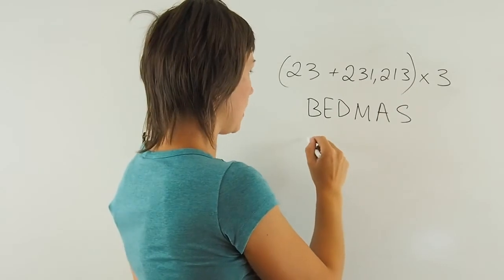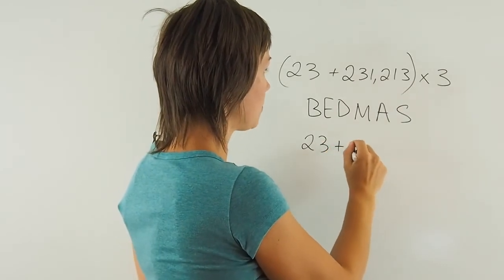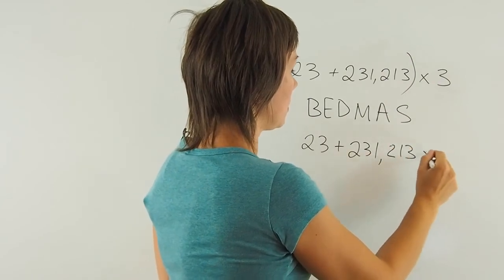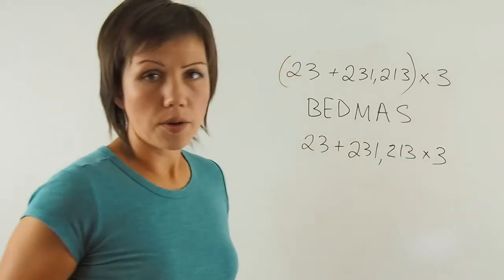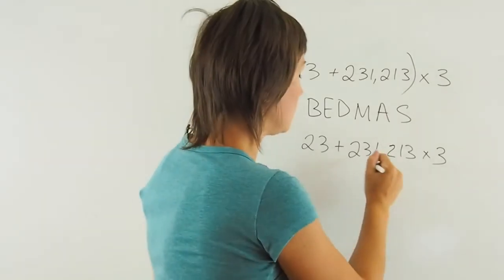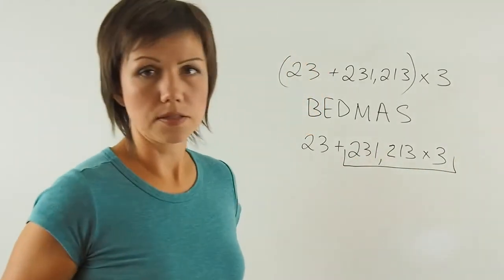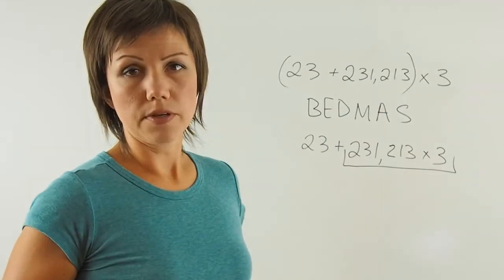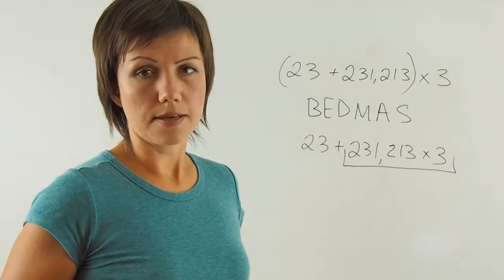If you do not have brackets, so I'll take the same expression and drop the brackets, then I must start with multiplication. Find the product and then add 23 to that product at the end.